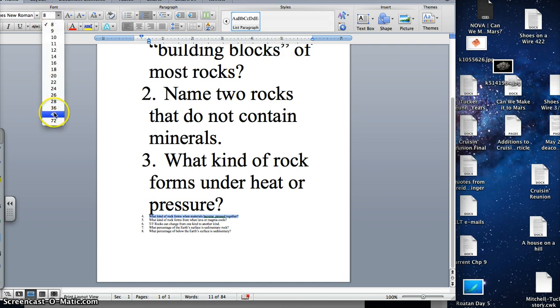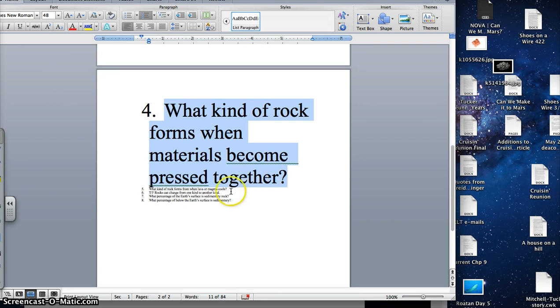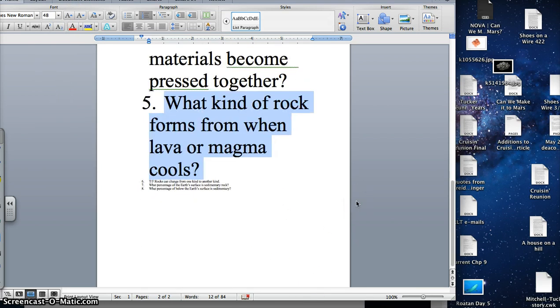Number 4, what kind of rock forms when materials become pressed together? Number 5, what kind of rock forms when lava or magma cools?